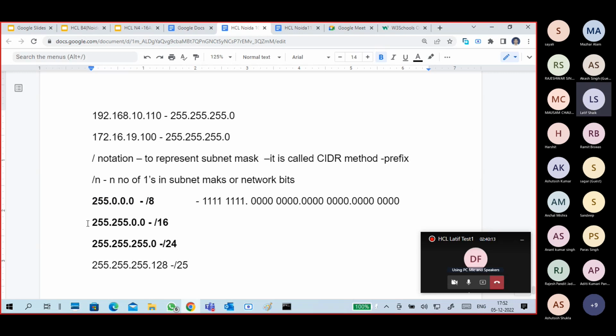Same way, 16 ones, like that it will come. Same thing, this is also all ones, the remaining are zeros.